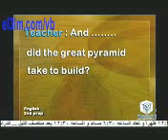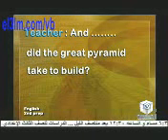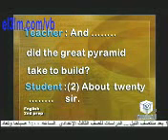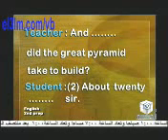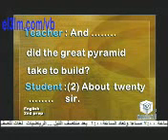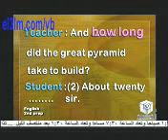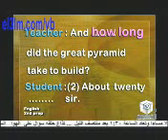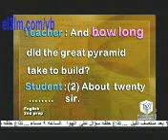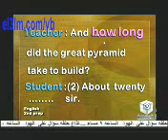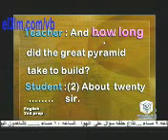Then the teacher continues, and how long did the Great Pyramid take to build? Student 2 answers, about 20 years, sir. How long? We use this question word to ask about the length of time, about the duration of an activity.